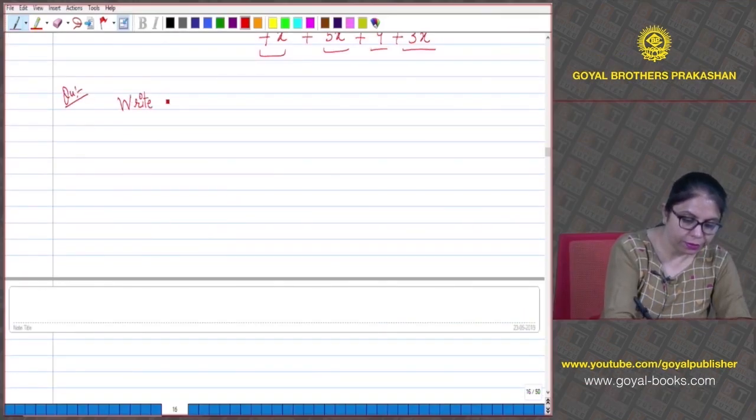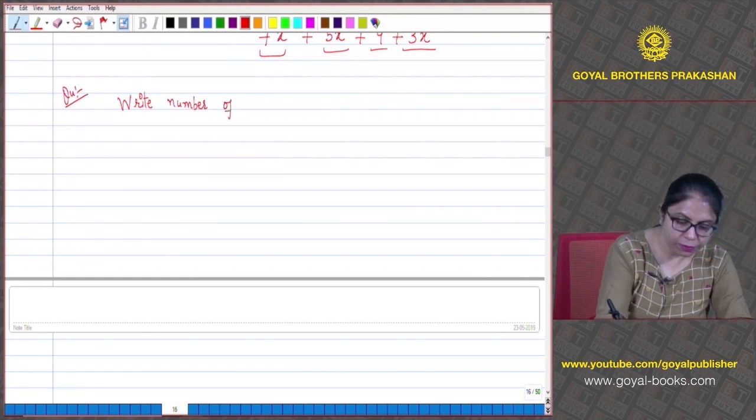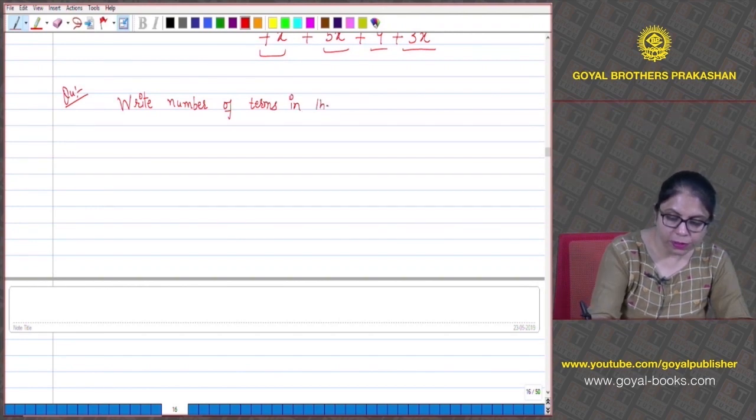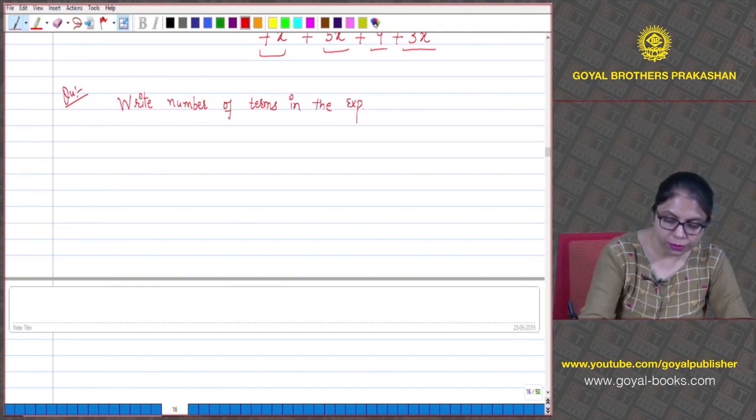Write the number of terms in the expression given below.